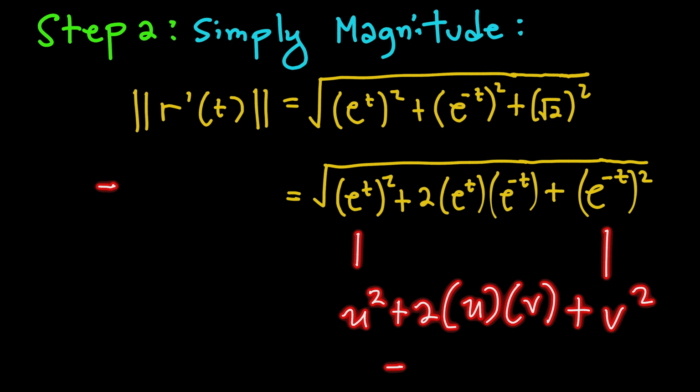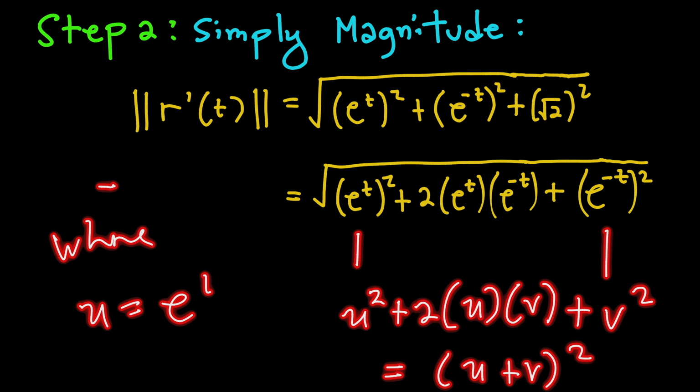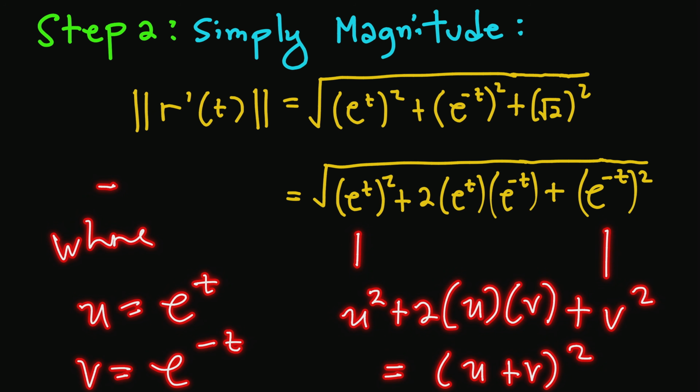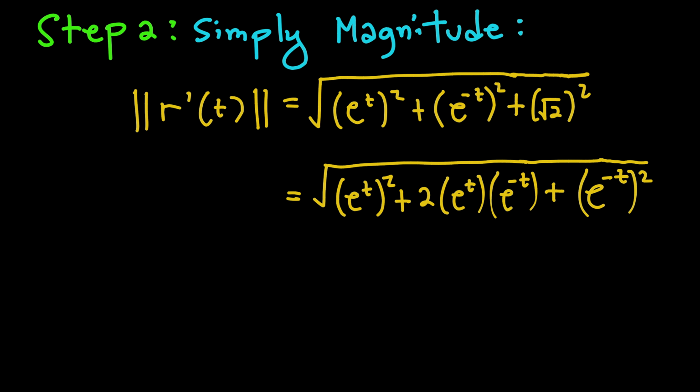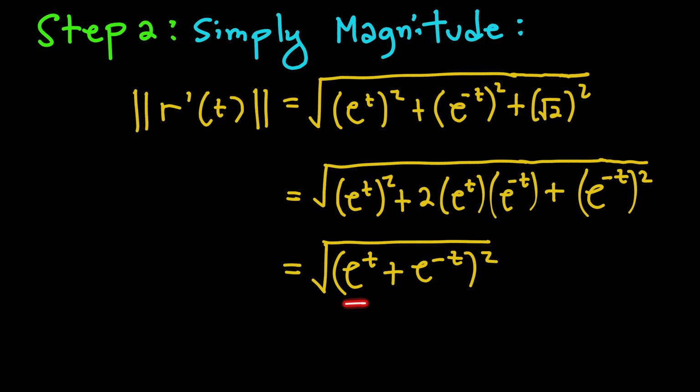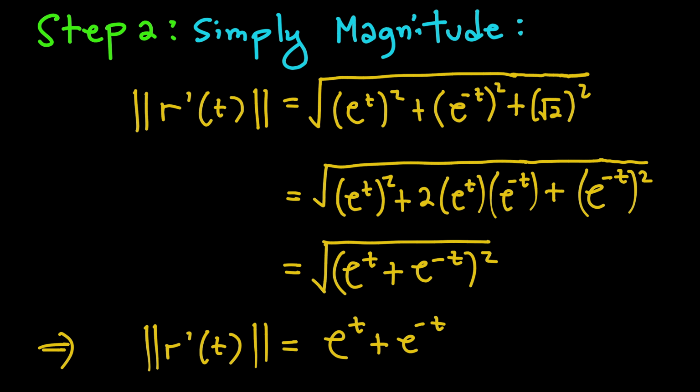So this is actually equal to u plus v squared, where your u is equal to e raised to t and your v is equal to e raised to negative t. So this one is simplified to u plus v squared, which is equal to this one. Since this is your u and this one is your v, you have this one squared. And notice that you can cancel this radical sign and this square. Therefore, this implies your magnitude of r prime of t is equal to e raised to t plus e raised to negative t.